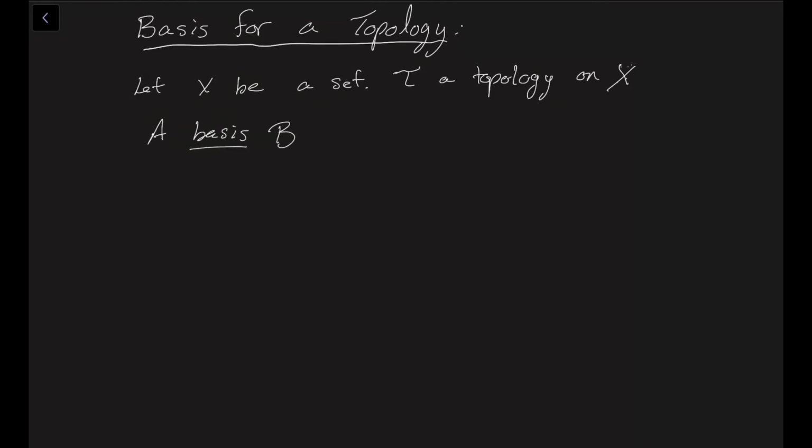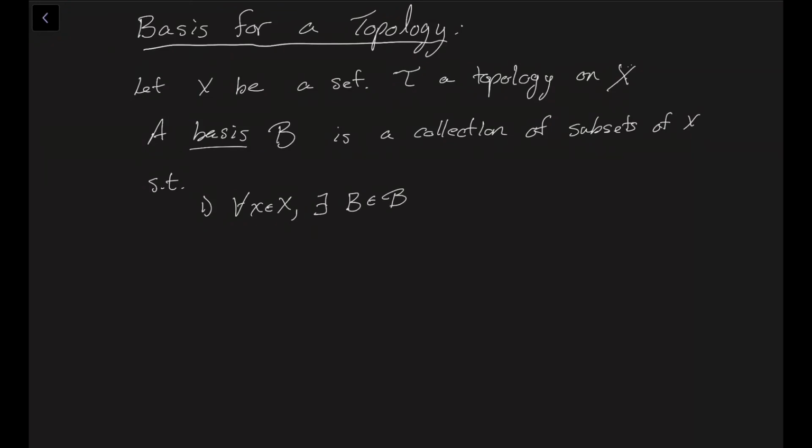So let's let X be a set and tau a topology on X. Now a basis, we're going to call it a set fancy B, is going to be a collection of subsets of X with the following two properties. The first property is that for any element x in our bigger set X, there is a basis element that contains it.